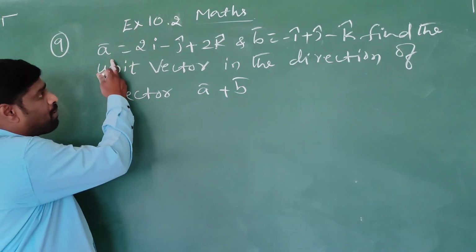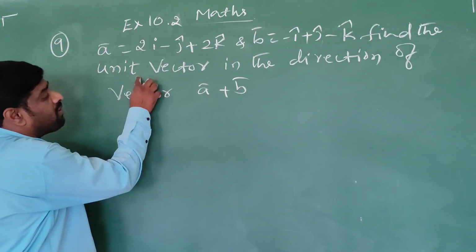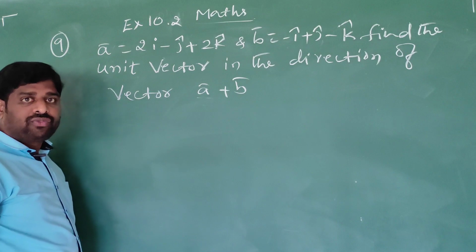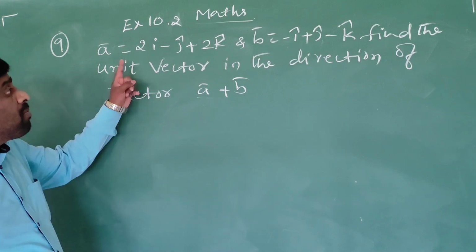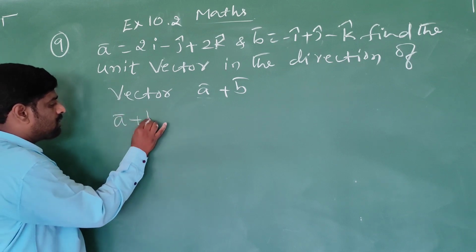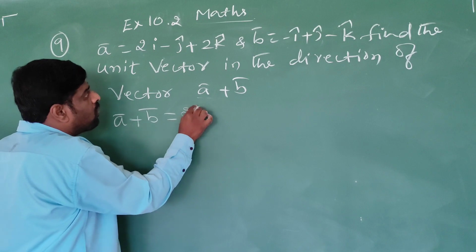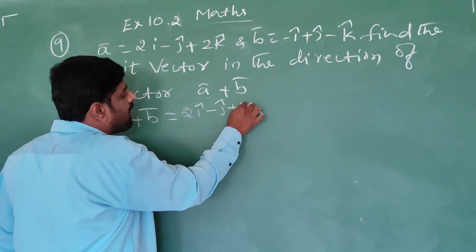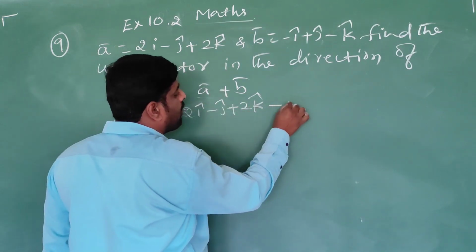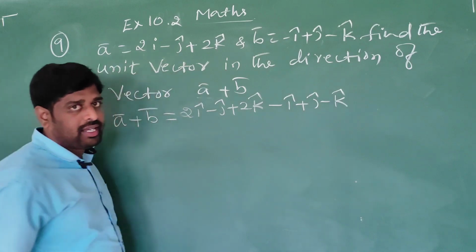Here a bar is given, b bar is given. I want to find the unit vector in the direction of a bar plus b bar. First I want to find a bar plus b bar. What is a bar? 2i cap minus j cap plus 2k cap. What is b bar? Minus i cap plus j cap minus k cap.